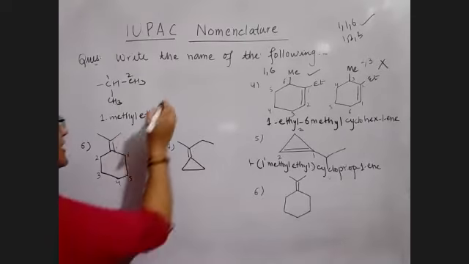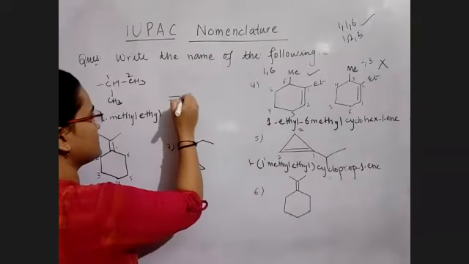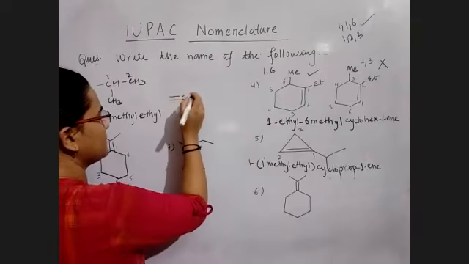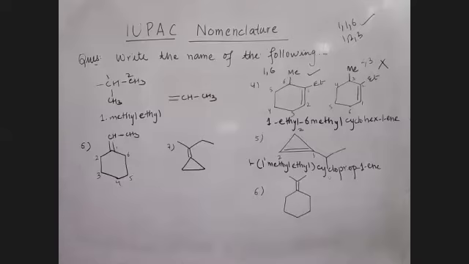What is the name of this side chain? Make it simple. CH2, CH. Make the side chain like this: CH, CH. What will be the name of this side chain? Yesterday only we discussed this.